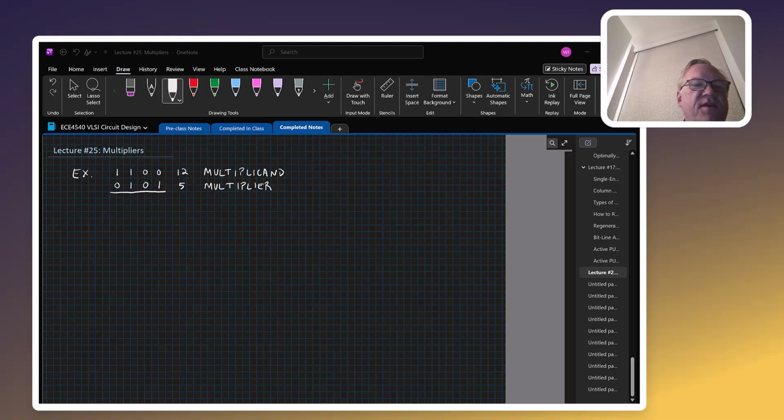Now we're going to do the multiplication operation by forming partial products. So for instance, the first partial product, I'm going to multiply 12, 1, 1, 0, 0 by 1, the least significant bit of the multiplier.